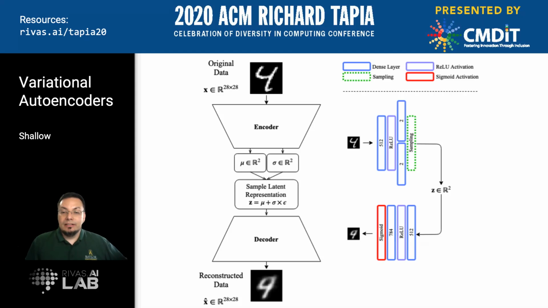We have a sampling that pulls data using those parameters and produces something. If that something cannot be reconstructed back to 4, then we retrain until we find the correct parameters of this latent space that can produce the number 4.